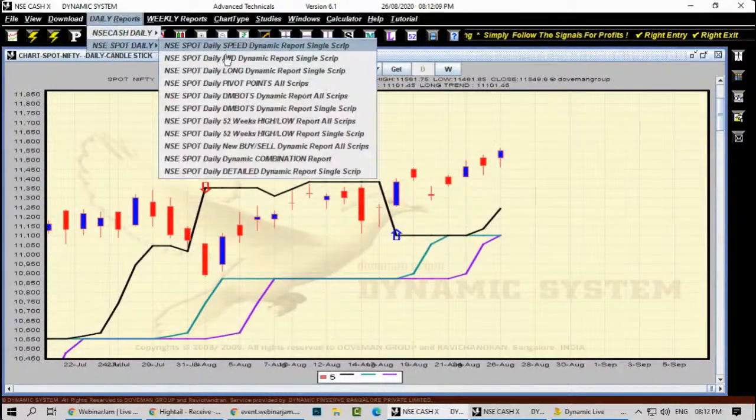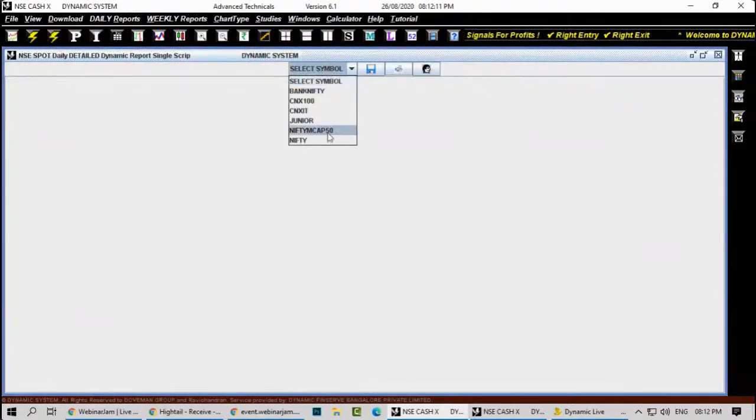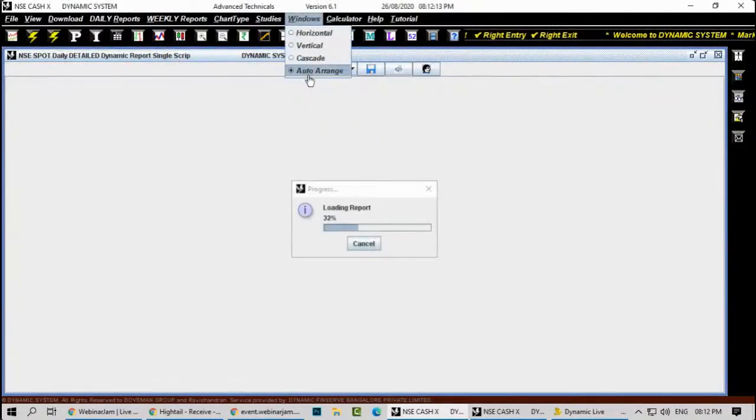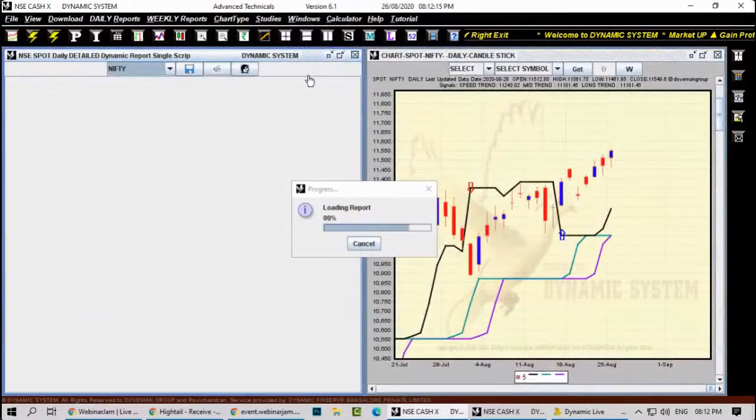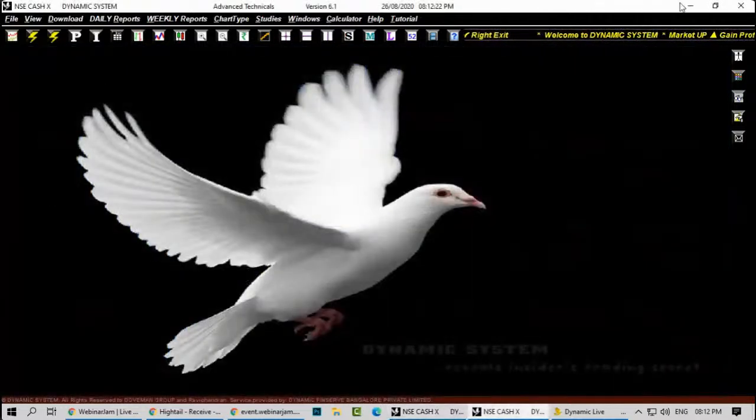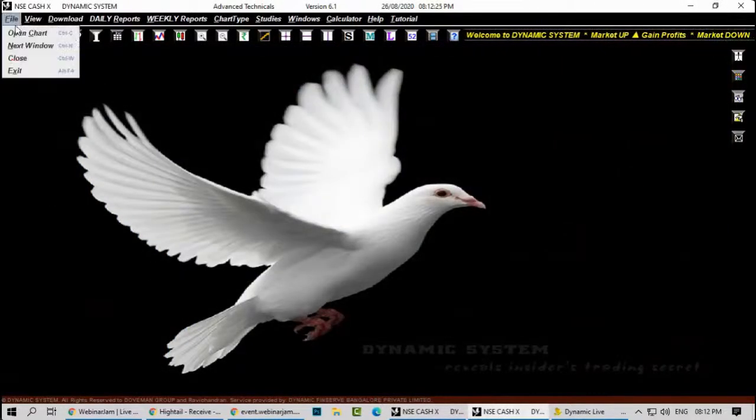And now let us also open the detailed report of Nifty. Now, as you know, for this detailed report to open, it will take almost close to a minute. In the meantime, let us go open the chart and detailed report of Bank Nifty as well.